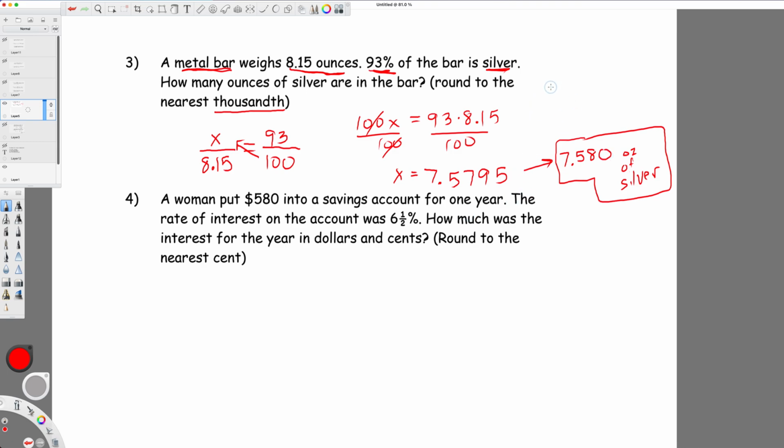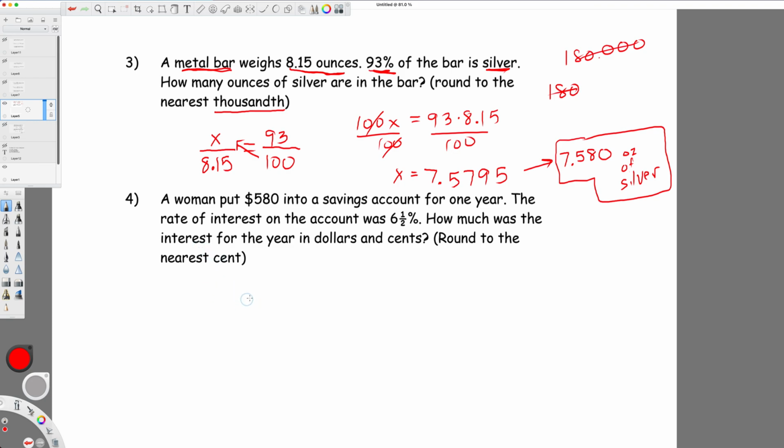Just like if I told you I weighed 180 pounds, or I told you I weighed 180.000 pounds, those extra zeros mean it was measured very precisely. So that's not super relevant on this problem, but I do think you should have that 0 there. In general, if it says to round to the thousandths, then you should have a thousandths place there. Whatever place they say to round to, you should have that place in your answer.